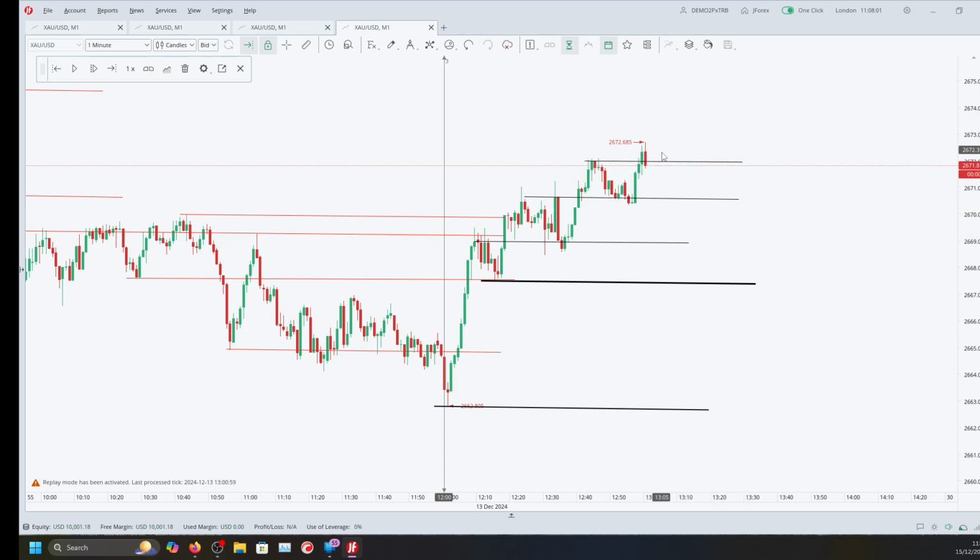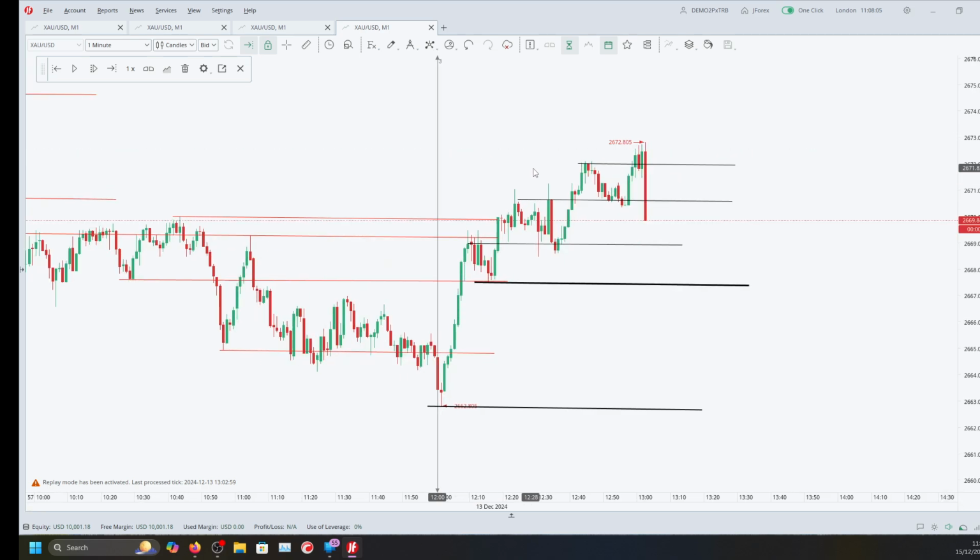So now you want to see price rejecting from here. Now this isn't what you're expecting, well, not what I would be expecting.